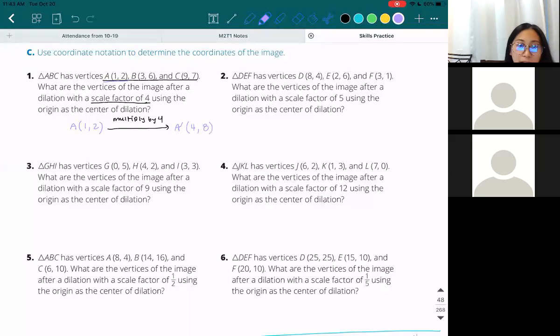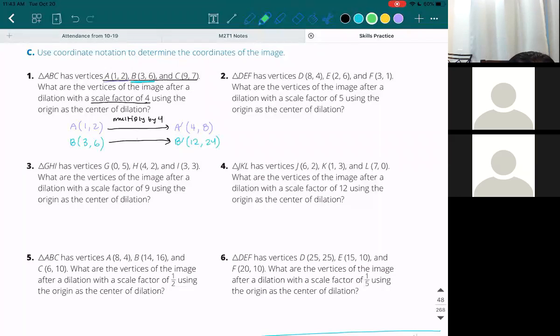So like Nancy said, A prime is 4, 8. Good. And then let's do B. B was 3, 6, and then we do the whole multiplying by 4 thing, and then we get B prime. So 3 times 4 was what? 12. And then 6 times 4 was 24. Good. So B prime is 12, 24.